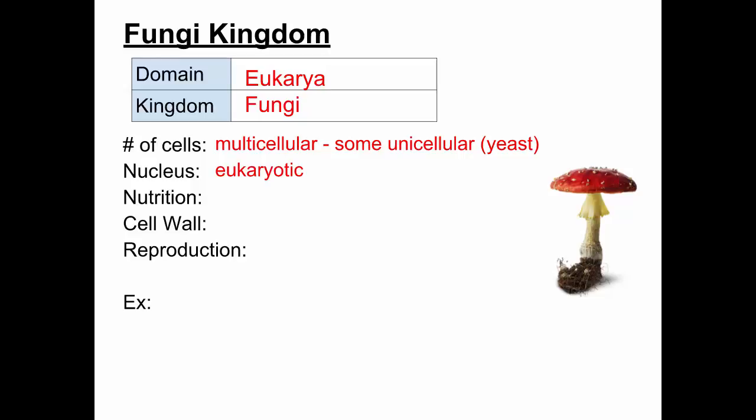They're eukaryotic. They have a nucleus that encloses their DNA. Their nutrition, how they get energy. Emily? Don't they eat stuff from logs? Yeah, they're heterotrophs. They have to digest material and consume it. And we'll talk about this in a minute, but they have a special type of digestion. It's called extracellular. It happens outside of their cells.